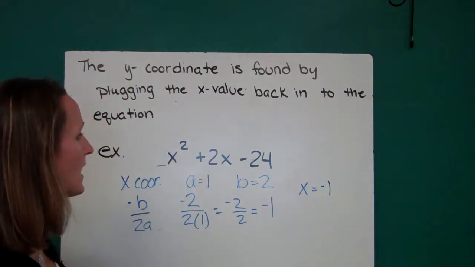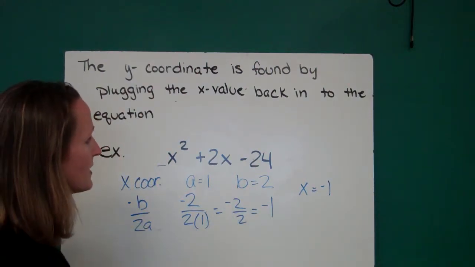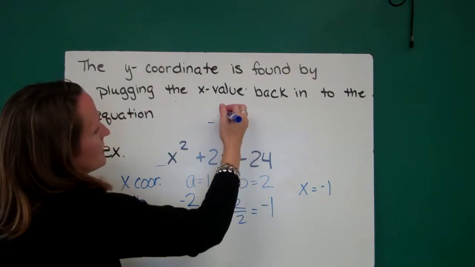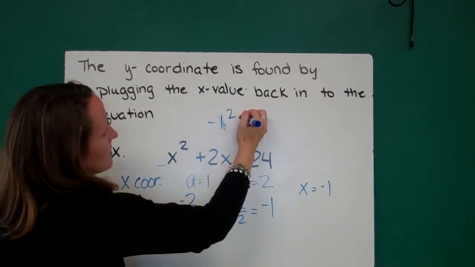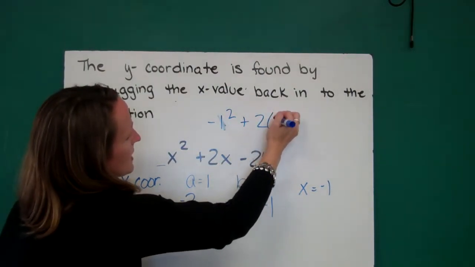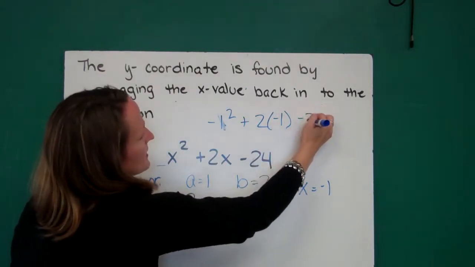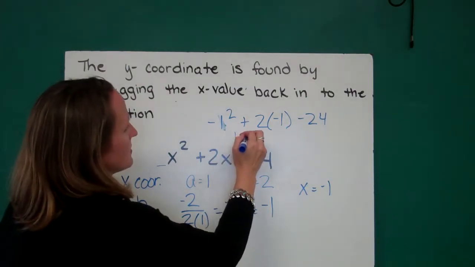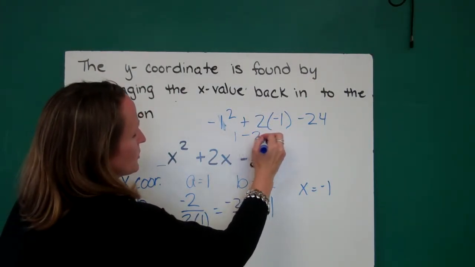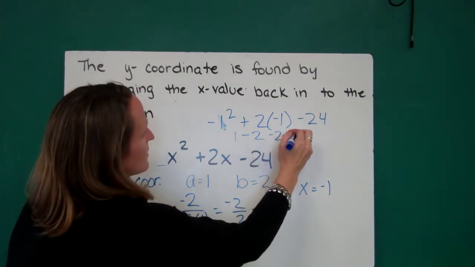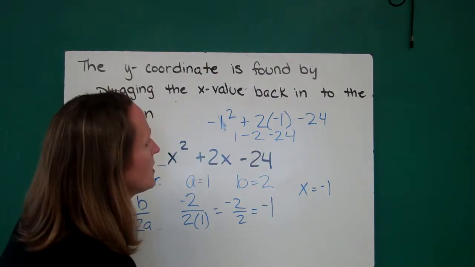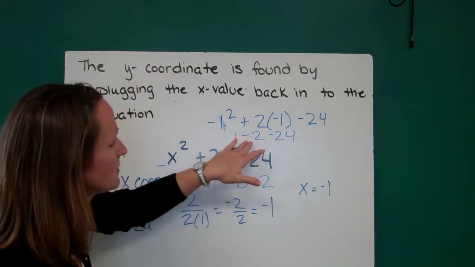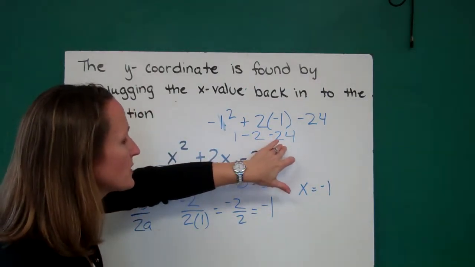Now to get our y, I'm simply going to plug this negative 1 back in. So I'm going to do negative 1 squared plus 2 times negative 1 minus 24, and that'll give me 1 minus 2 minus 24. 1 minus 2 is negative 1, minus 24.